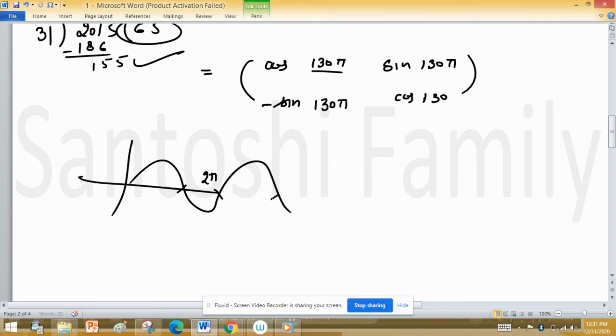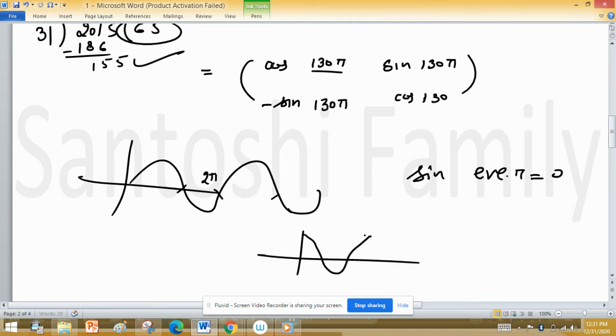Sine of an even multiple of pi is 0, and cos of an even multiple of pi will be 1. So this matrix is equivalent to 1 for the cos entries.